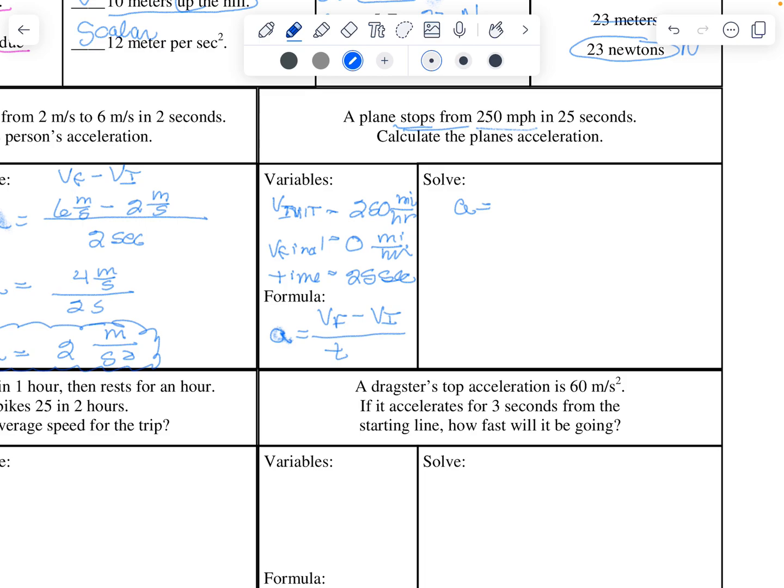My final velocity is 0 minus 250 meters or miles per hour divided by 25 seconds. This is really a hard one. You've got really weird units on this. I would never give this to you on a test. My answer will be 250 divided by 25, which is 10.